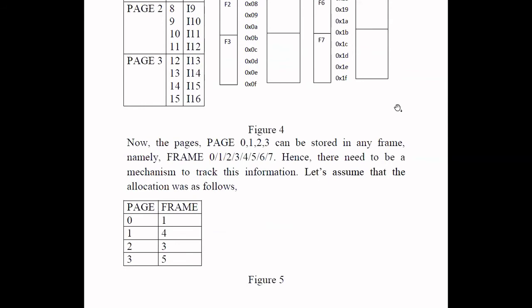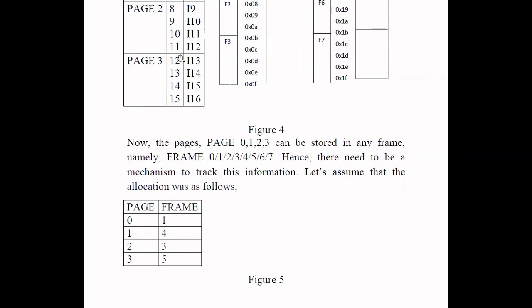Now, what we need to understand is how this so-called mapping is going to be carried out, how the pages are going to be placed in the frames, or rather, what technique is going to be used to place a particular page into a frame. It's not easy for a system to predict that a particular page can enter a particular frame, so this needs to be carried out in some particular manner.